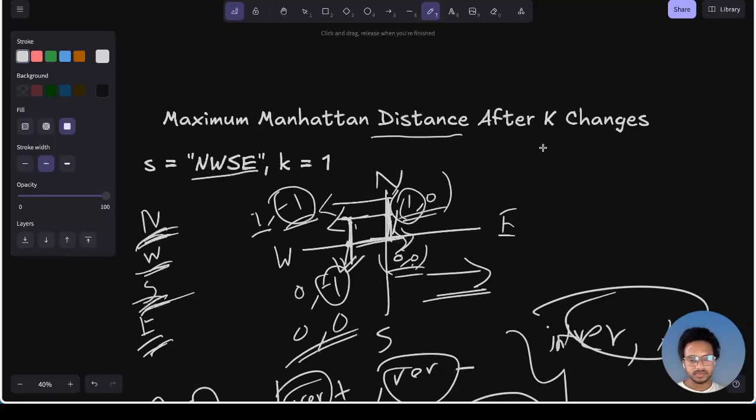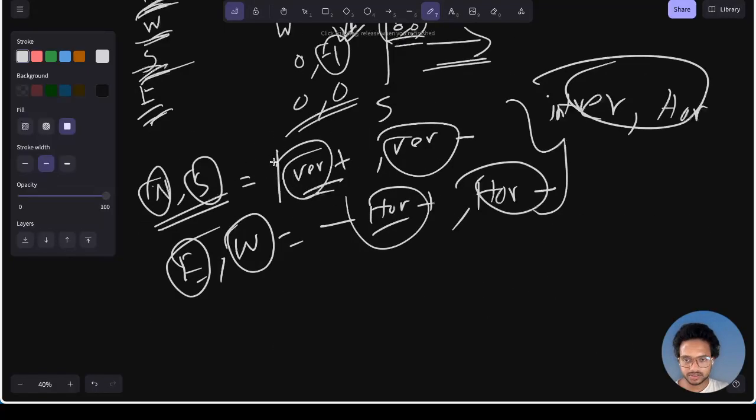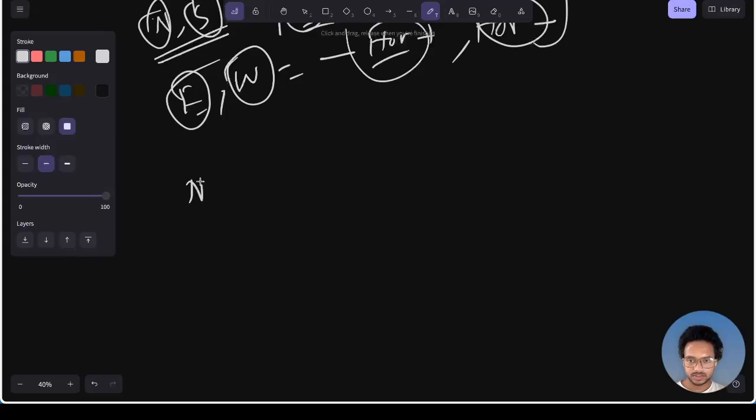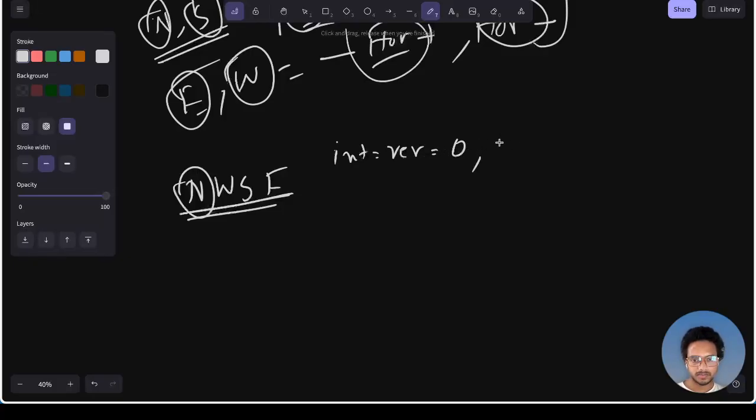Now, if I have to find the distance of this string only, NWSE, initially our value of vertical will be 0 and horizontal will be 0, right?